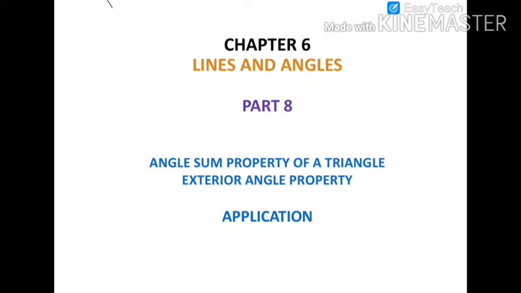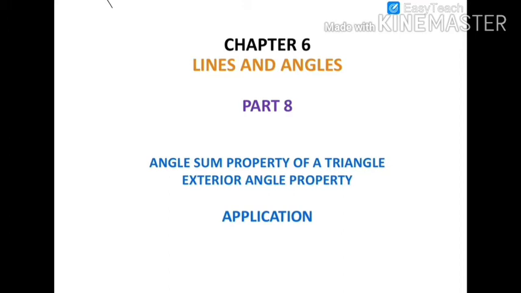We also applied these properties in solving some questions of exercise 6.3. In today's video class, we will continue the application of these properties in solving questions of exercise 6.3.